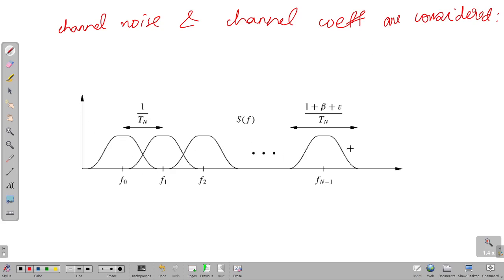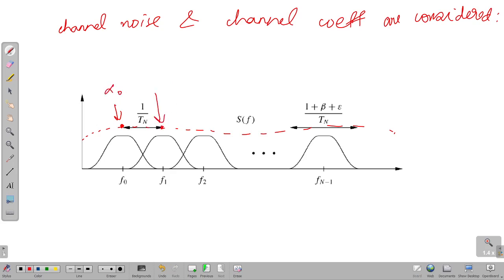you have subcarriers like this which are overlapping in nature. You will have the channel response, something that goes like this, and the value of channel coefficient at this point, this is f naught, so I will write it as alpha naught.